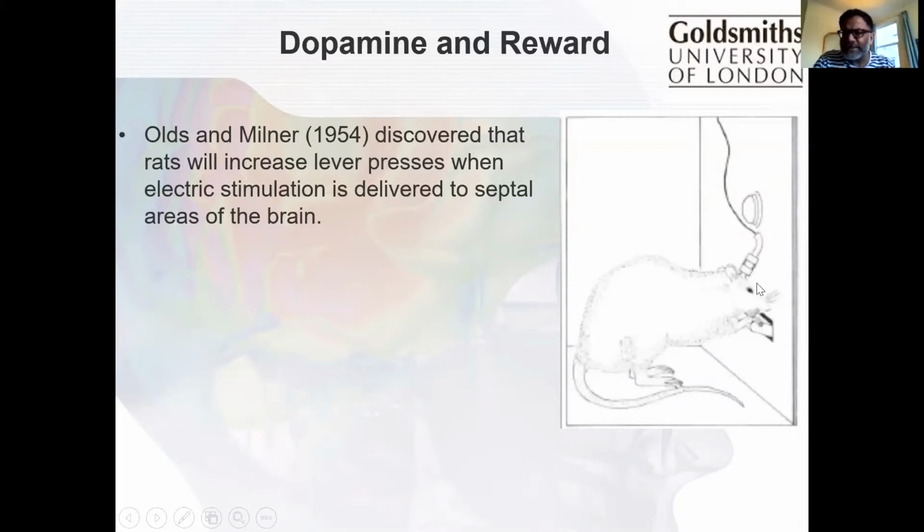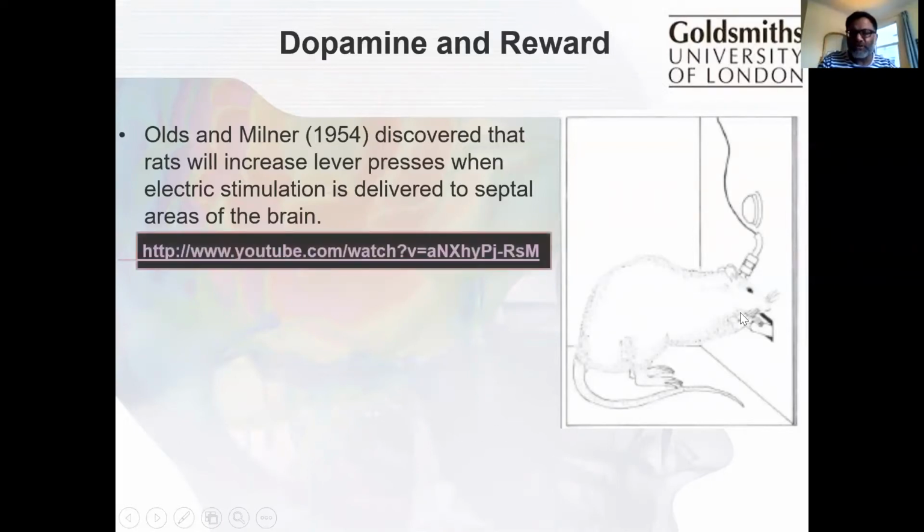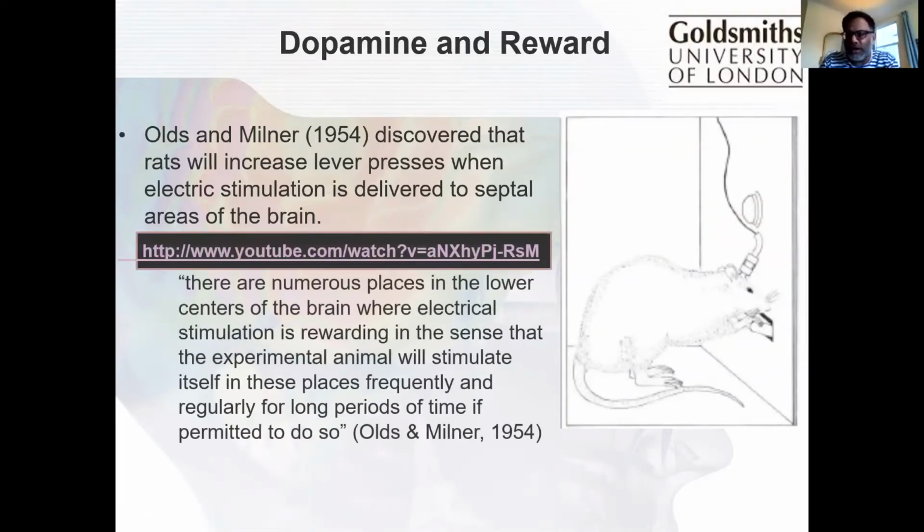So through that, they worked out that there's a certain area of the brain which is important. So they said there are numerous places in the lower centers of the brain where electrical stimulation is rewarding, in the sense that the experimental animal, the rat, will stimulate itself in these places frequently and regularly for long periods of time, if permitted or allowed to do so.